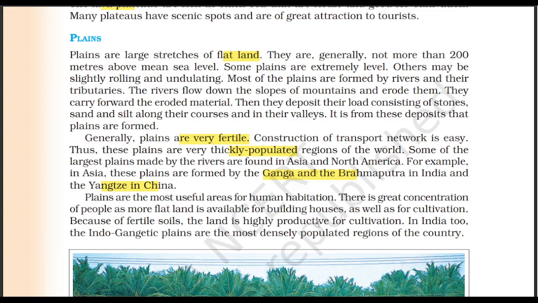The river is also a source of water, which is a very important life element for humans. The area is flat and the fertile soils deposited in the plain area are very important for cultivation.